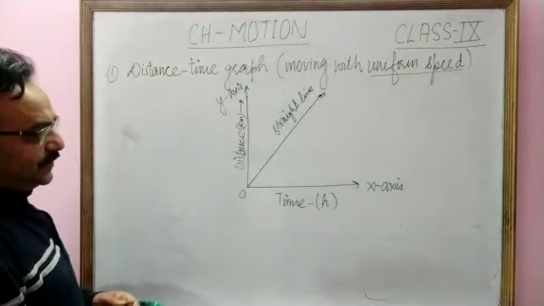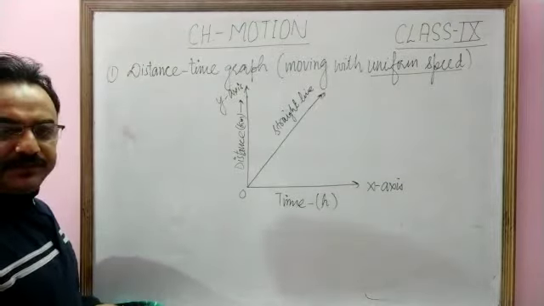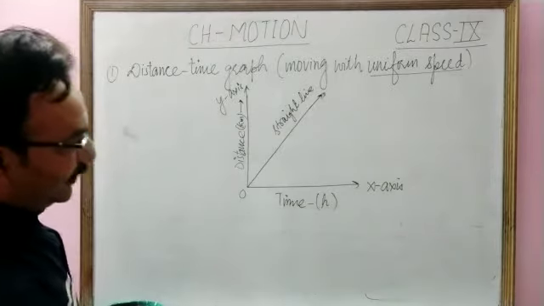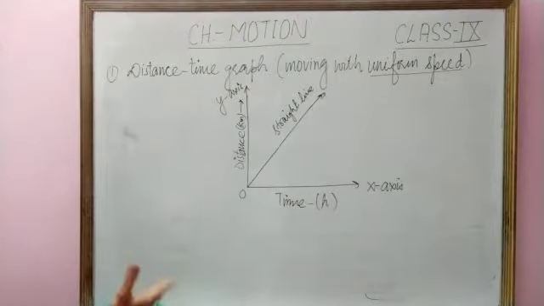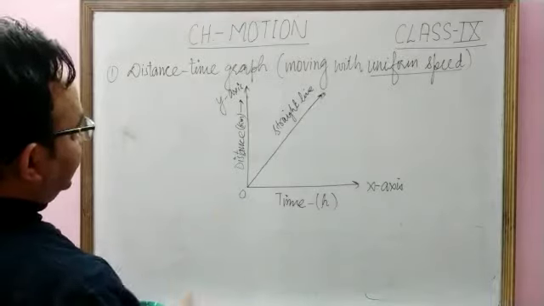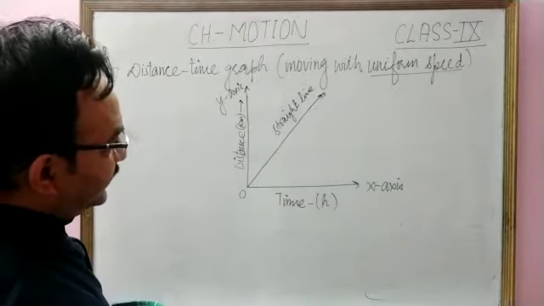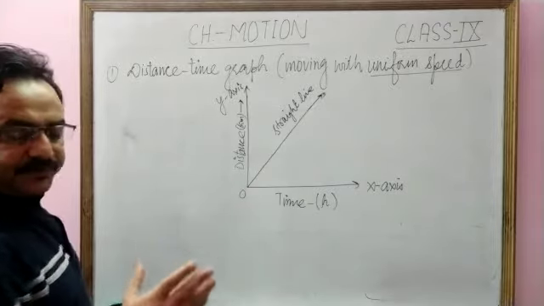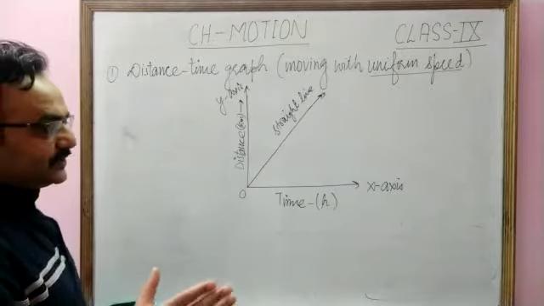What will be the nature of the graph here? It will be a straight line. Clear? You have to note down in your notebook: for a distance time graph, in case of uniform speed, the graph will be a straight line.